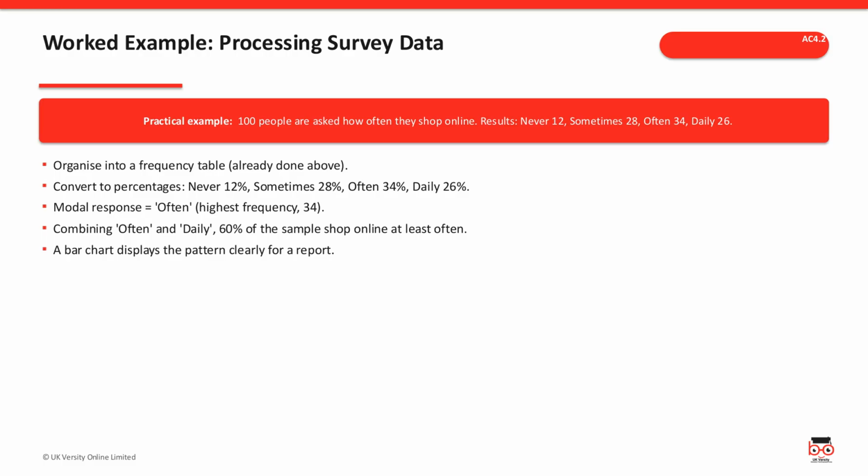The modal response is often, the highest frequency at 34. And combining often and daily, 60% of the sample shop online at least often, a headline figure a bar chart would show off nicely in a report.